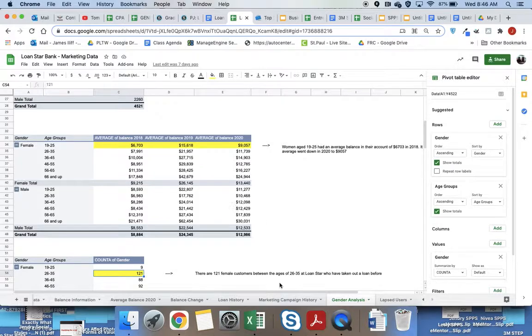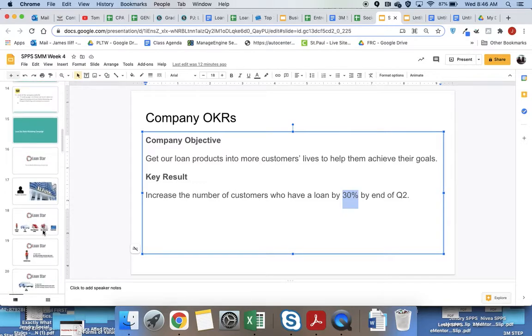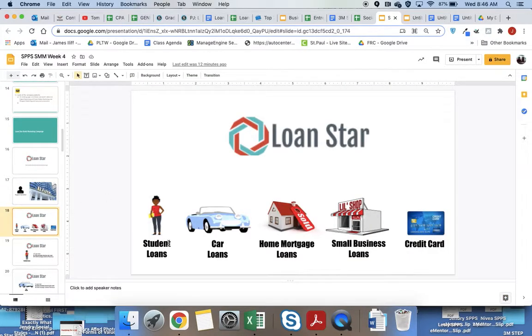And then you can figure out exactly who you want to target and how many people fit that category. So really interesting. Now, quickly, let's look at the loan products that the company has on offer. So they have student loans, car loans, home mortgage loans, small business loans, and credit cards. These are all the products that you are going to try to market to your customer.